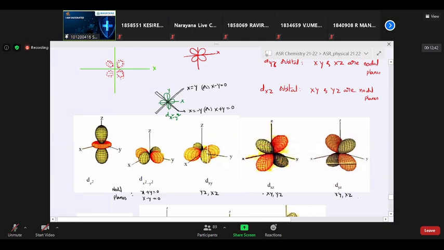For dz square, just imagine there is a conical space. So two conical nodes are available.